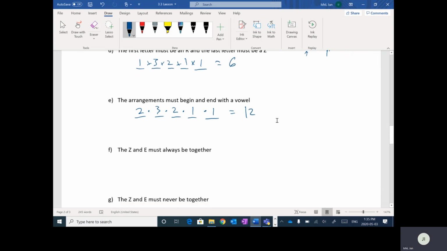Next up, the Z and E must be together. Let me just write ZEBRA up again. Whenever you have two things that must always be together, what you want to do is consider them as one letter or one block. So instead of organizing 5 letters, what we're actually doing is organizing 4.